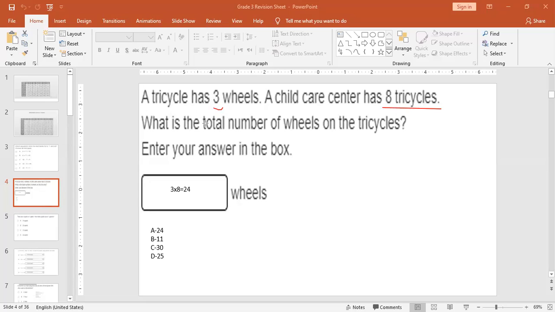And I understand what it is asking me: what is the total number of wheels on the tricycles? So if I have 3 wheels on every tricycle, and I have 8 tricycles, I have to multiply. So I multiply 3 times 8 equals what? Equals 24. So the answer is 24. Let's complete.